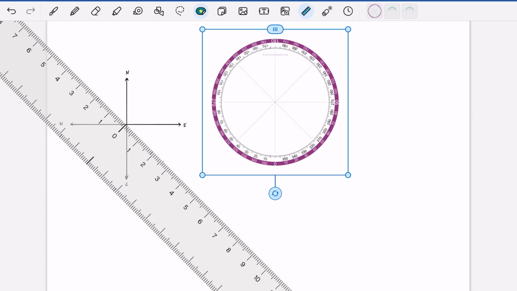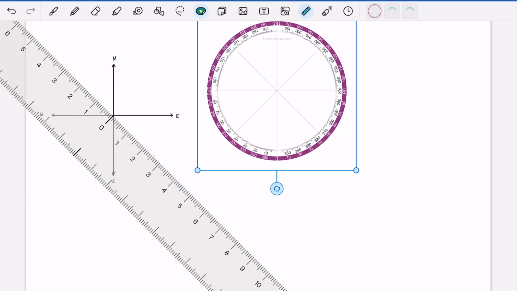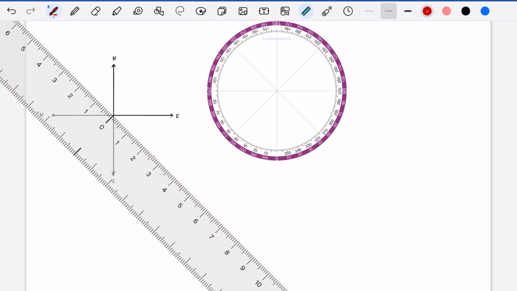Move a little bit. Okay, there. So I have to measure 12 cm, and I'm going to use red for my first vector. I don't want to smudge anything, so 12 cm is exactly there.